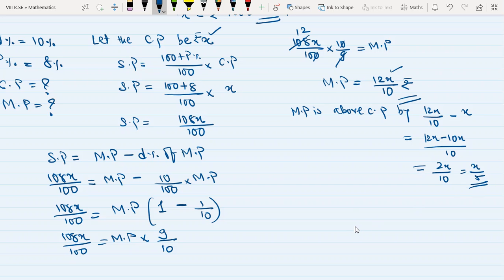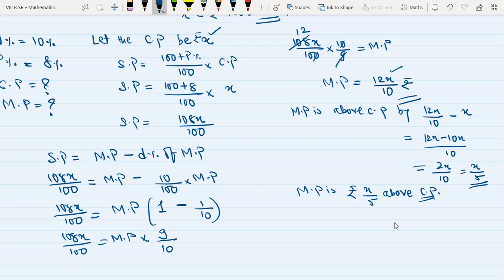Okay, mark price is x by 5 rupees above cost price. Let me write it again. Mark price is rupees x by 5 above cost price. So this is what we have known till now. Now what?